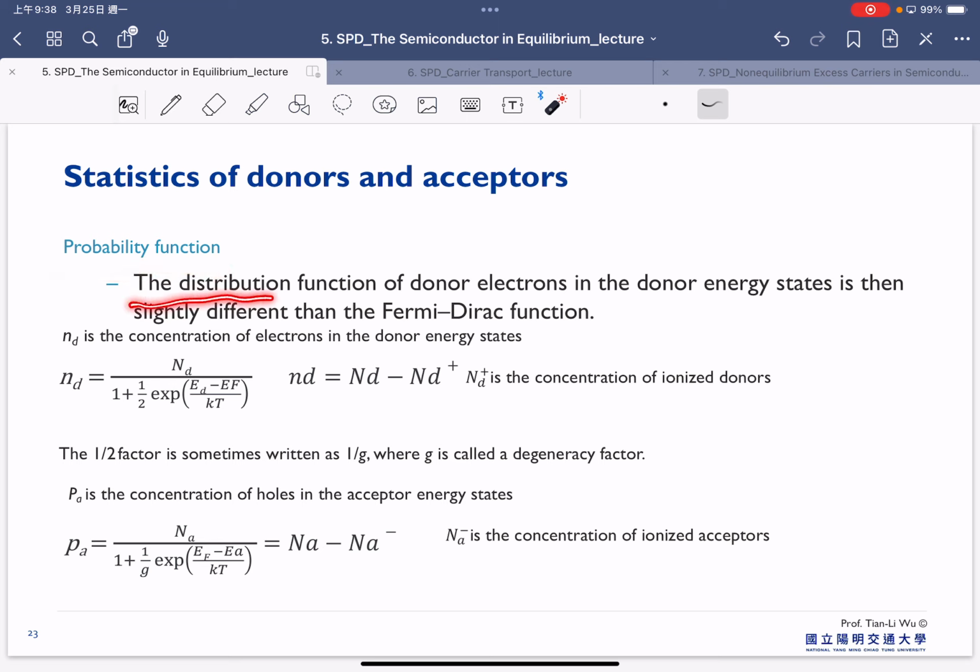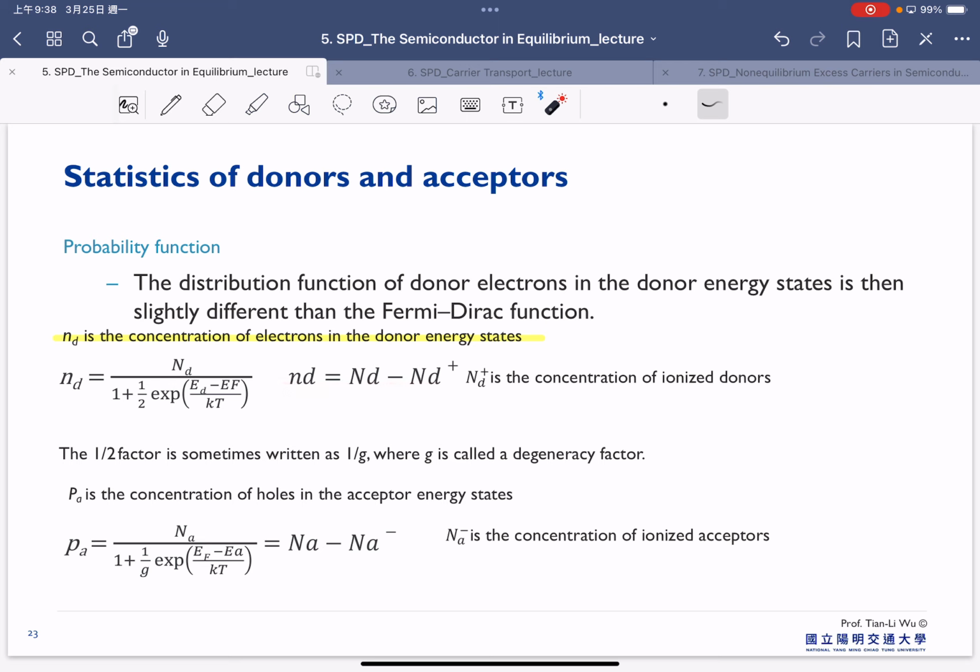The distribution function of the donor electrons in the donor energy state is slightly different from the Fermi-Dirac function here. nD is the concentration of electrons in the donor energy state, which can be expressed as shown here, and ND is the one that we have shown in the previous slide.